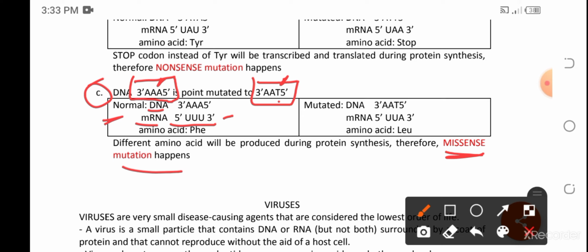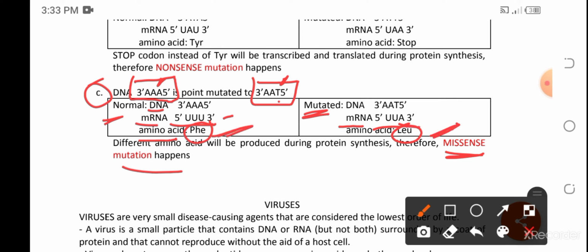And this will be giving a message, an amino acid of phenylalanine. Okay? For the mutated part, the mRNA is 5' UUA, so this one would be coding for leucine. They are still different; they code for different amino acids.